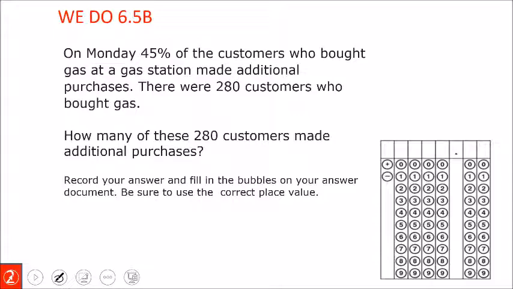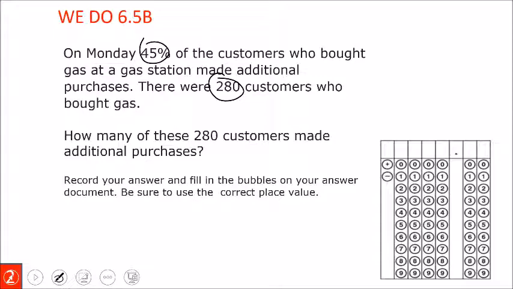Good. Now, if you're doing it on a plain piece of paper, on the side piece of paper, you can write 45%, and you can write down 280, so you know. Now that you have your numbers, you're going to underline the question.